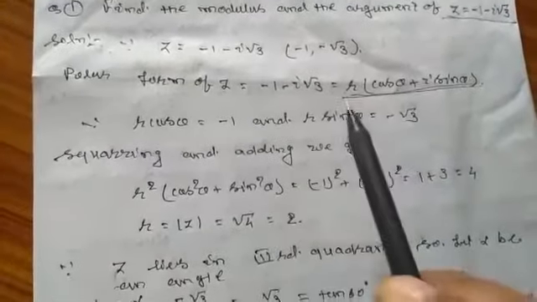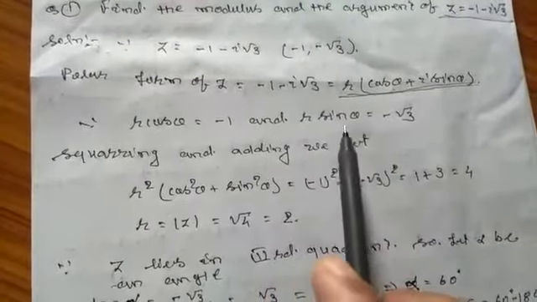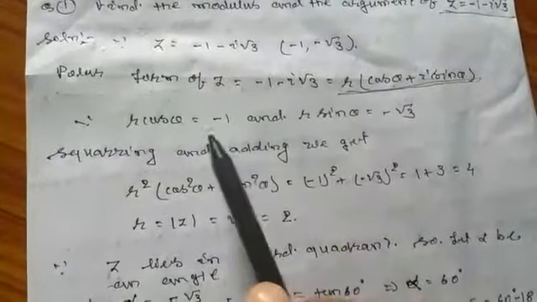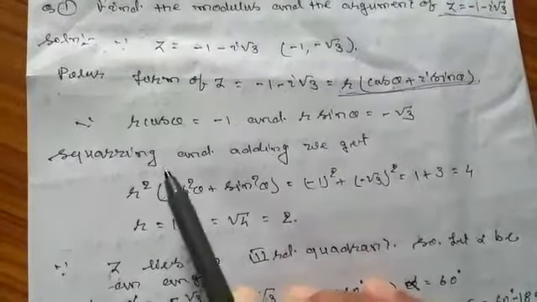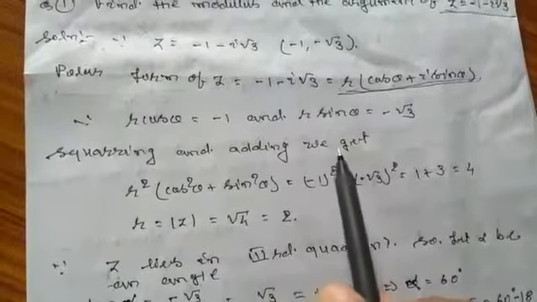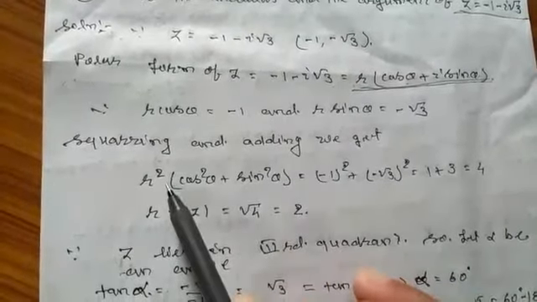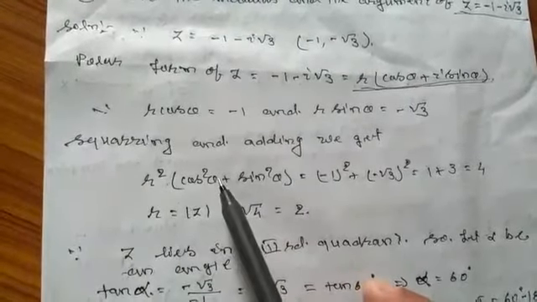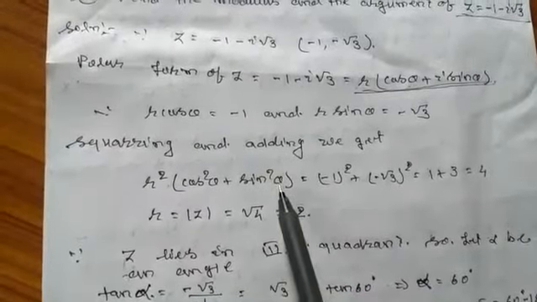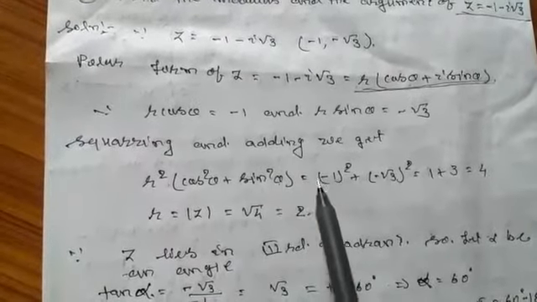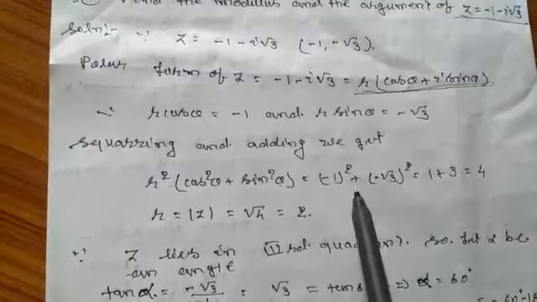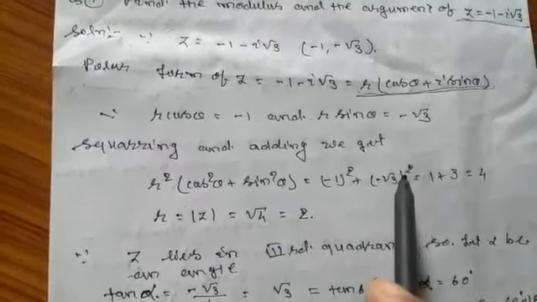Now first you square and then add both equations. Squaring and adding, we get r square into cos square theta plus sin square theta, which is equal to (-1) square plus (minus root 3) square.